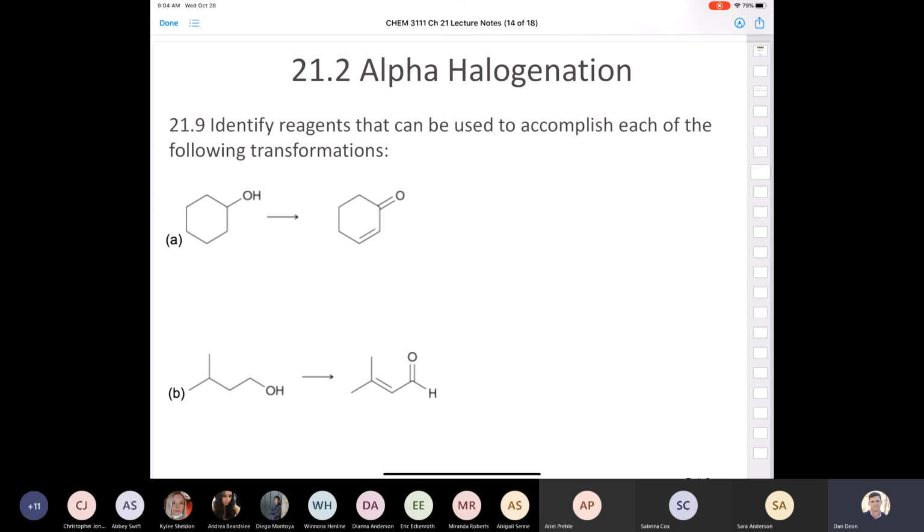The way I would do this synthesis is I would think about it in terms of retrosynthesis. No, actually, I wouldn't think of this in terms of retrosynthesis. Sorry, I'm thinking out loud here.